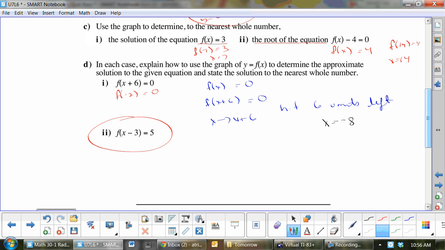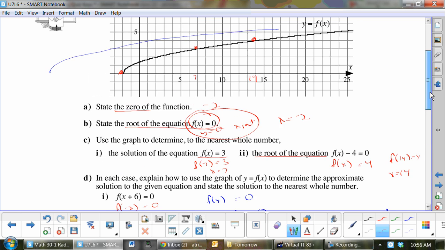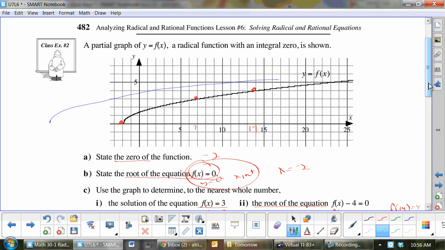F of x minus 3 equals 5. So what's the best way to do it? What is f of x equals 5? F of what equals 5? F of what equals 5? 23.